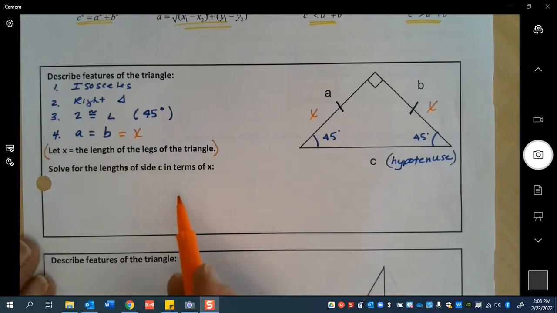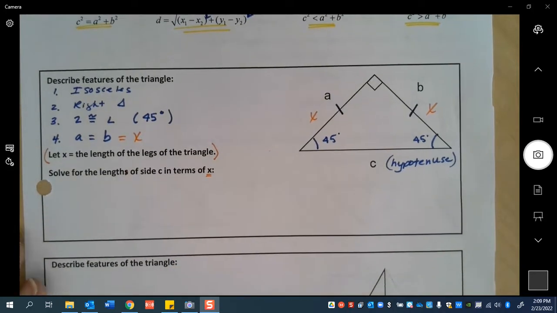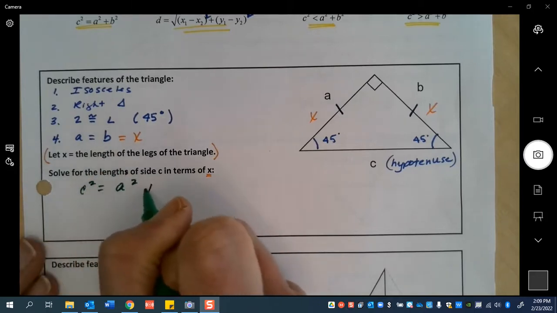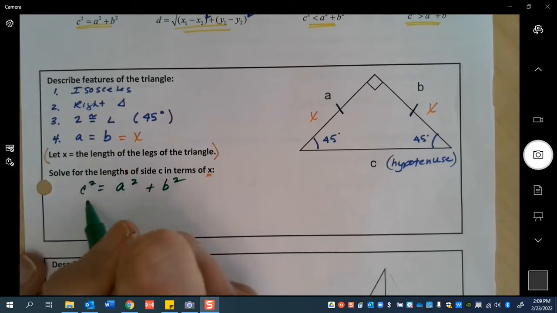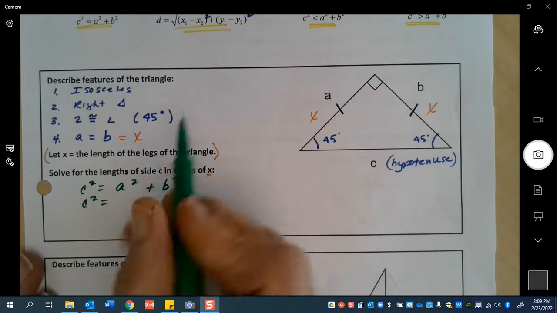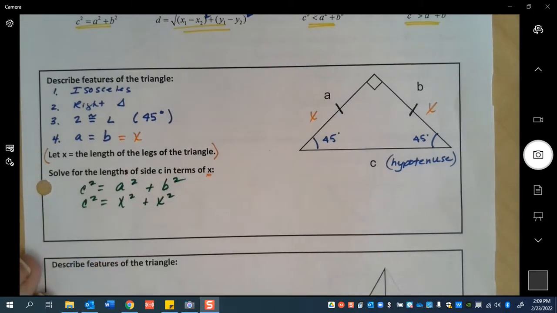So what that means is I'm not going to be able to come up with a number, I'm just going to call it in terms of x. So if I know that c squared is equal to a squared plus b squared, so says Pythagoras, then I know c squared is equal to, if I can put x in for those side lengths, are you okay with me substituting that? Yeah. Okay.